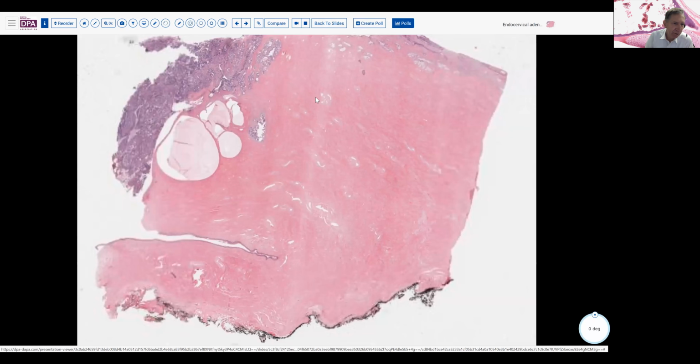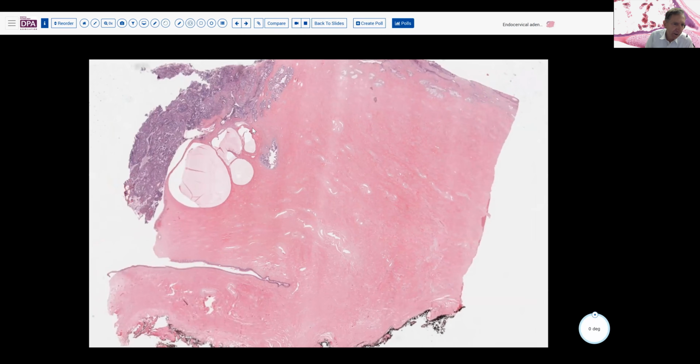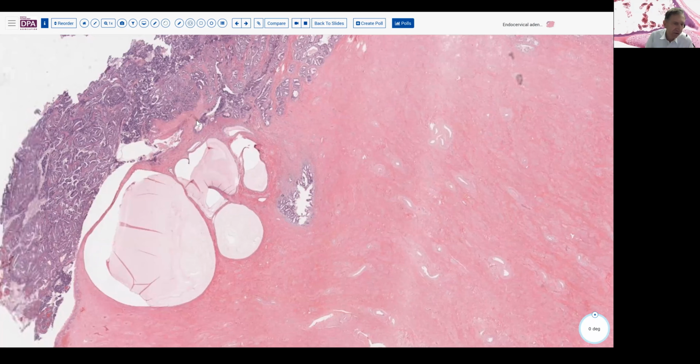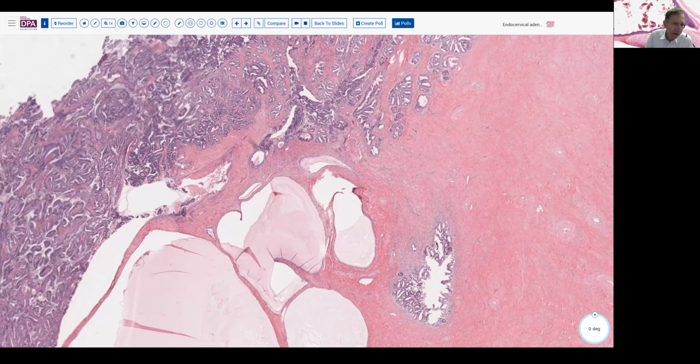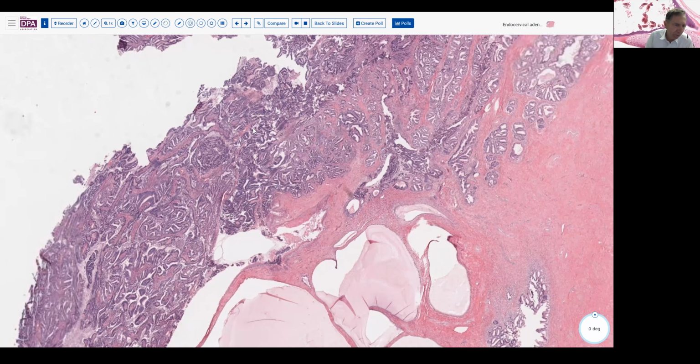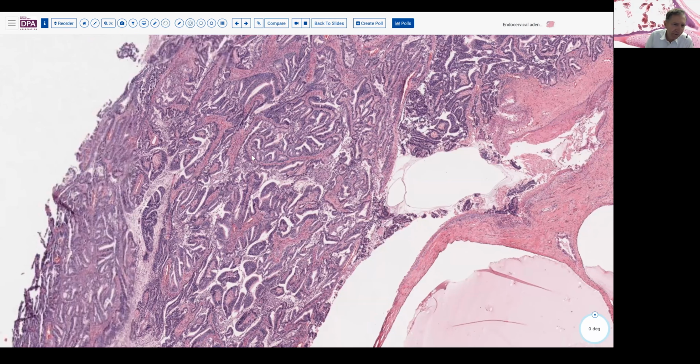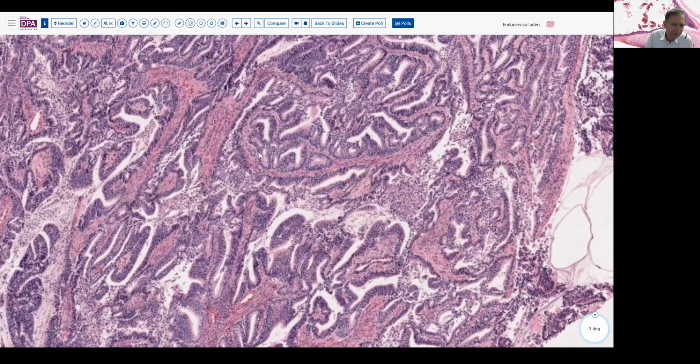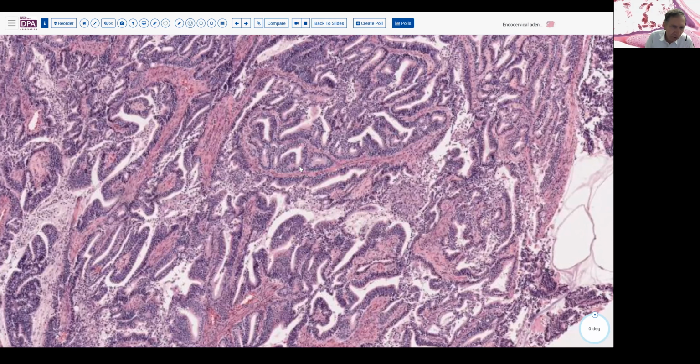So to contrast that, I have here a nice example of a usual type endocervical adenocarcinoma, which will illustrate the cytomorphology that we usually see. In this situation, I think you can identify that these nuclei are somewhat stratified, they're crowded.